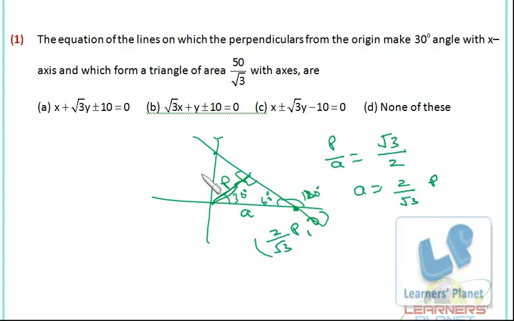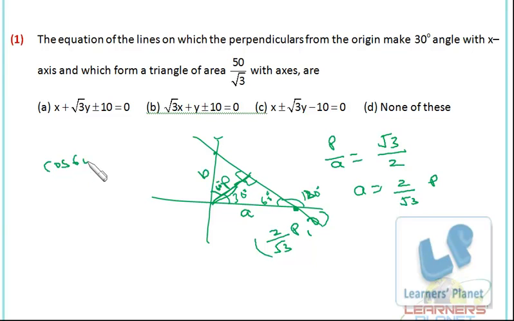Similarly, in this triangle I assume this length to be b. So this is 30 degrees, that means this angle is 60 degrees, right? So in this triangle we can find out the relationship between this and this. So this is base and this is hypotenuse. The relationship between base and hypotenuse is given by cos theta.